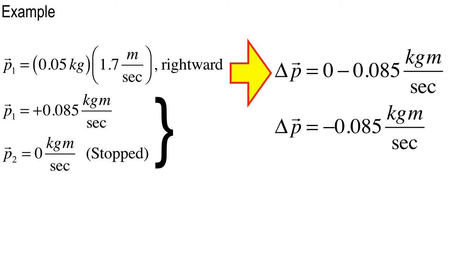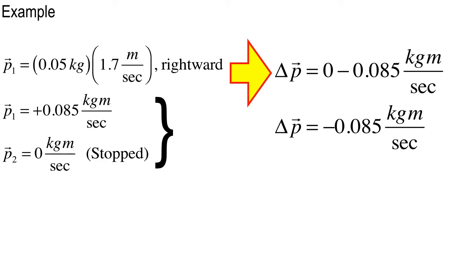So my result for delta P as a vector is negative 0.085 kilogram meter per second. Now that's the right-hand side of my impulse equation. Now we have to tackle the left-hand side, F delta T equals delta P.